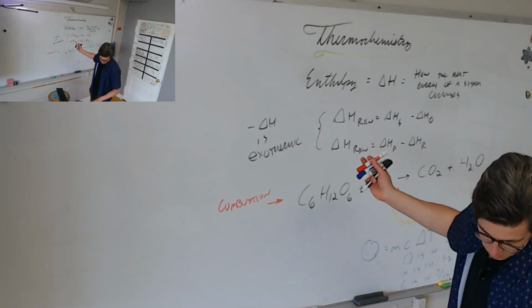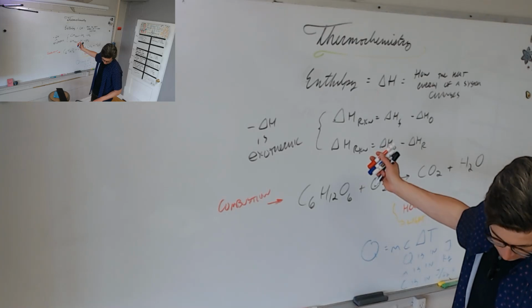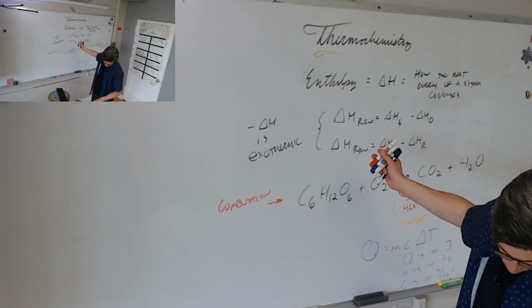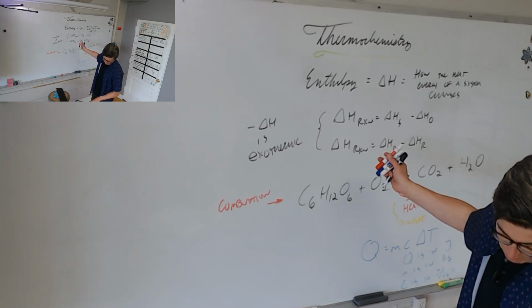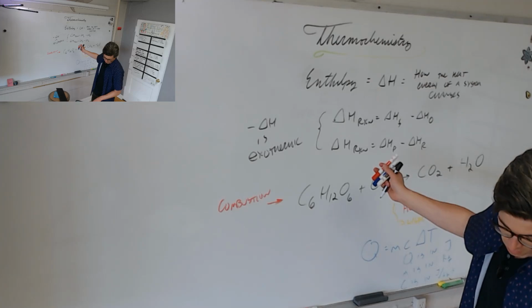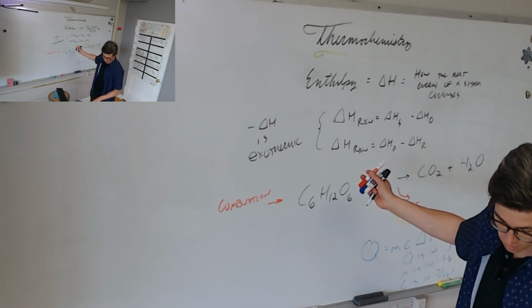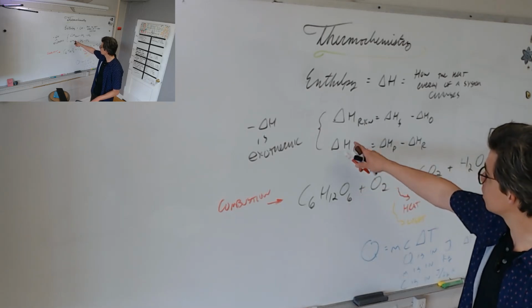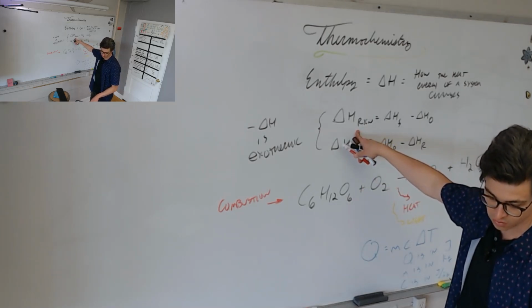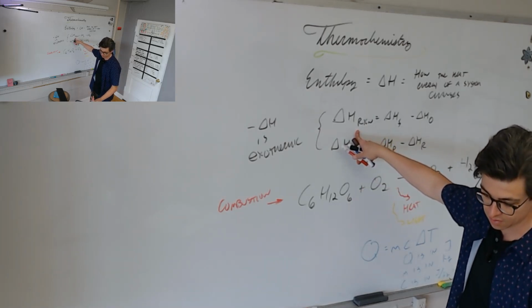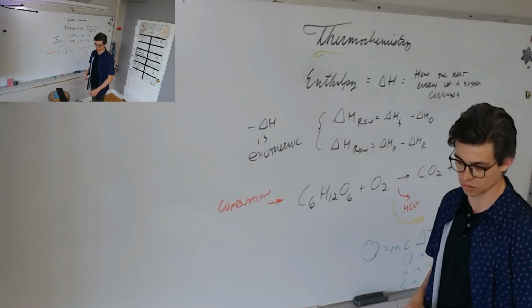The delta H of the reaction of iron plus oxygen yielding iron 3 oxide is negative 1,625 kilojoules. And that means it's an exothermic reaction.